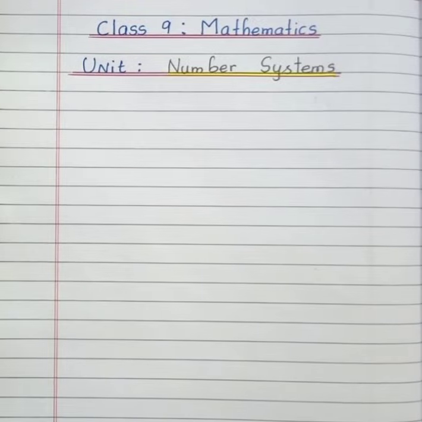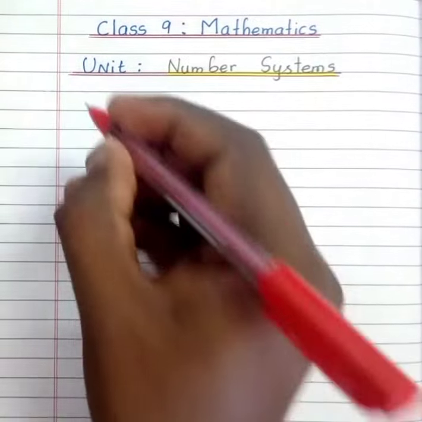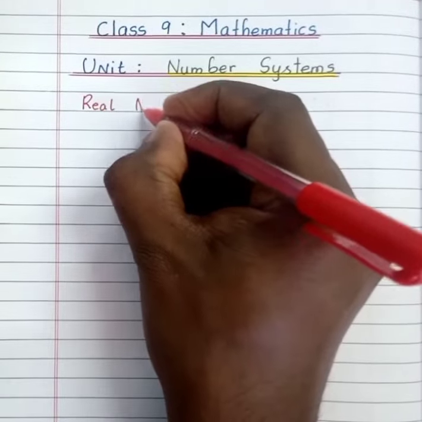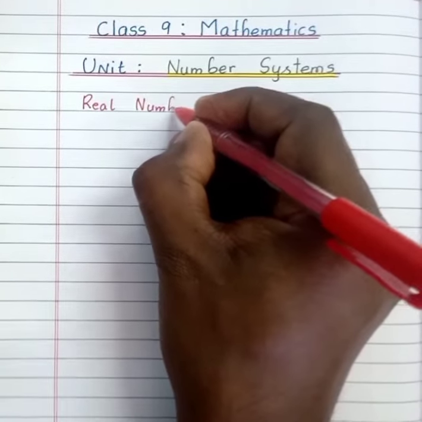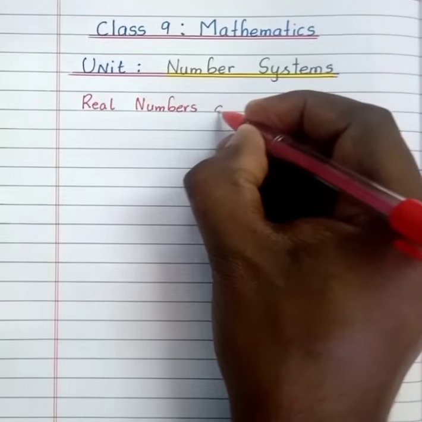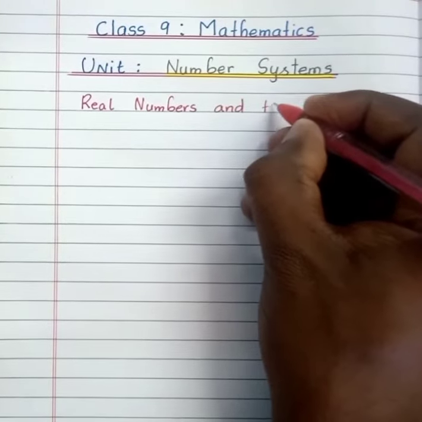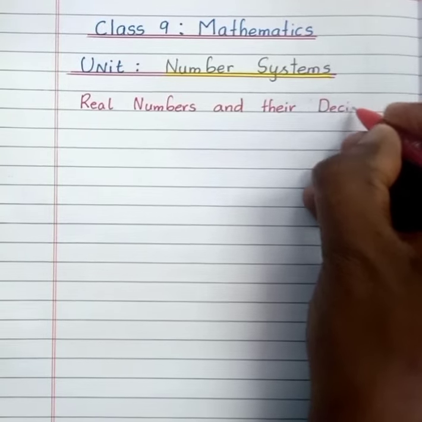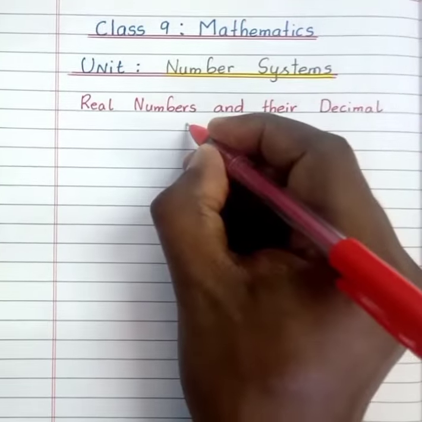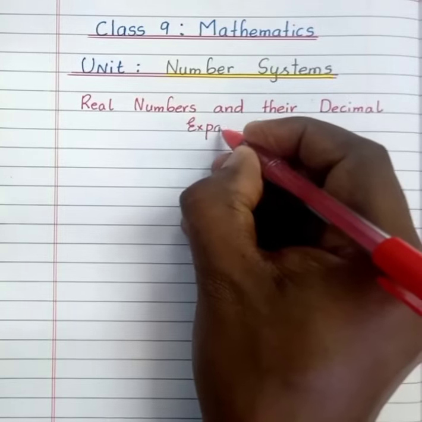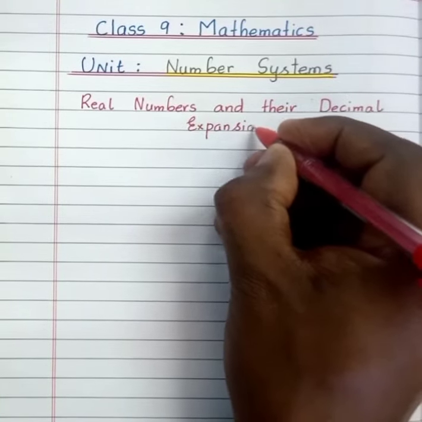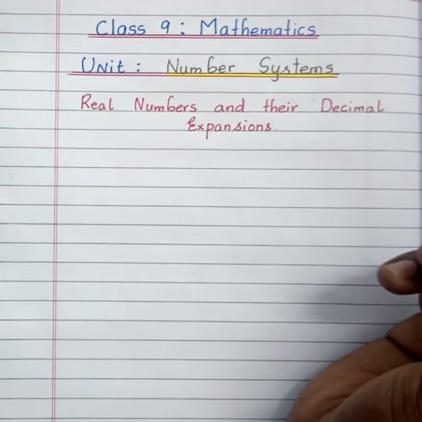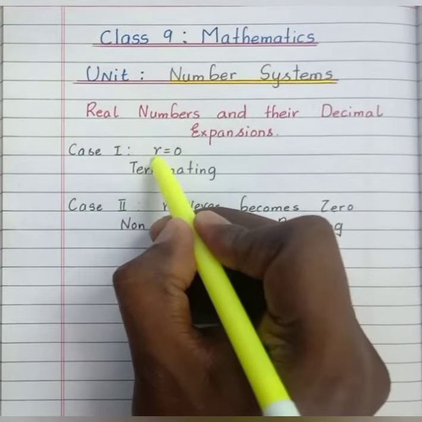We are learning the unit number systems. In the last video, we have learnt about real numbers and their decimal expansions. Now, there are two cases, that is when remainder equals 0 and remainder never becomes 0.